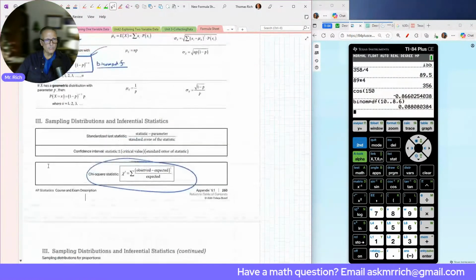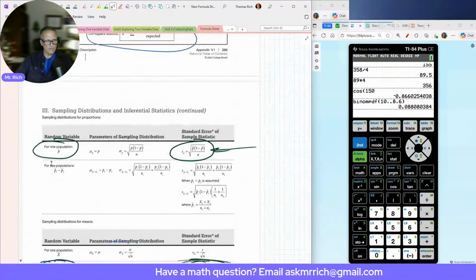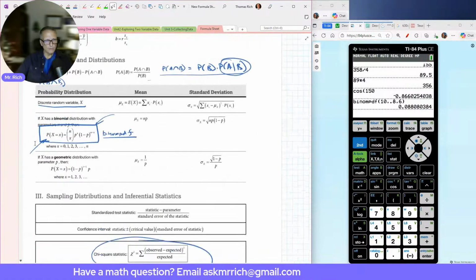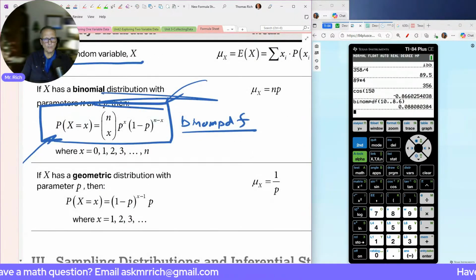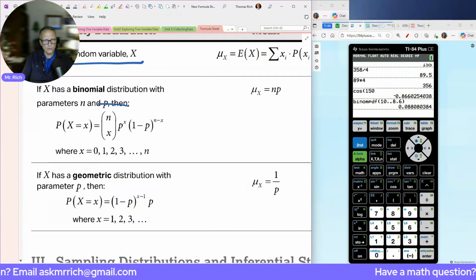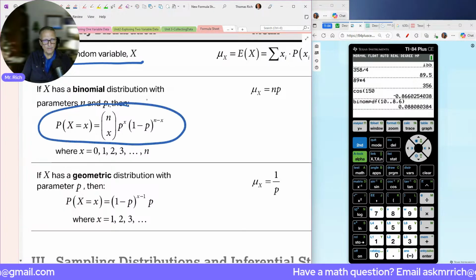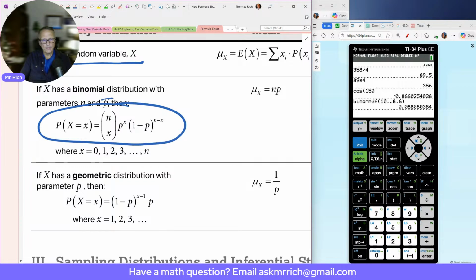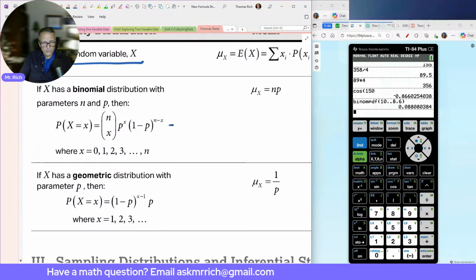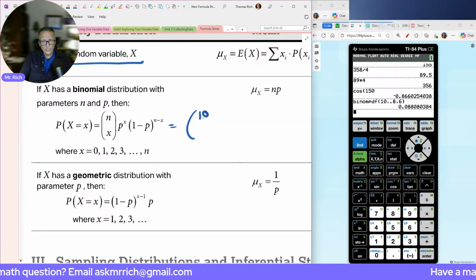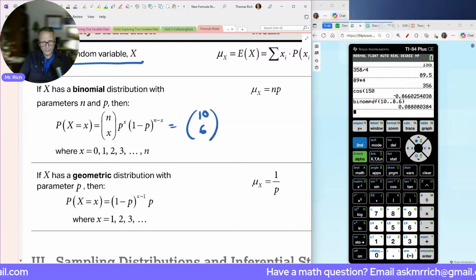So what you'll see here is for binomial random variables. You will see this on your formula sheet. It shows you this. This is what your binom PDF that I just executed over here is actually calculating. So what it did on this problem, we said there were 10 trials. We wanted to know the chance that there was going to be 6 successes.